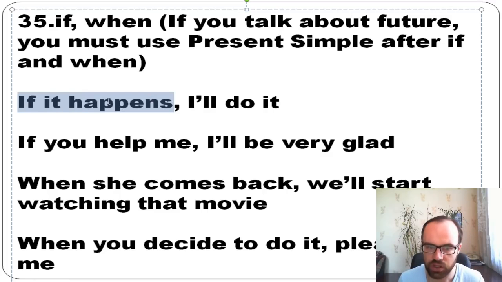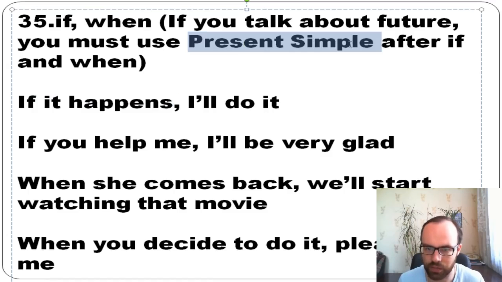Look, if it happens, I'll do it. So many students want to say if it will happen, but it isn't right. So yes, the second part of the sentence is about future, and this part of the sentence is about future, but you must use present simple after if and when.